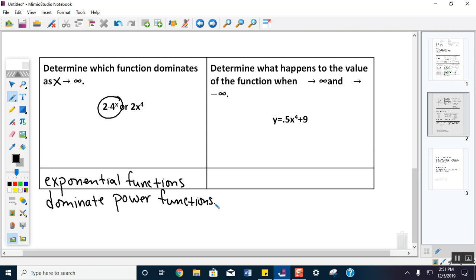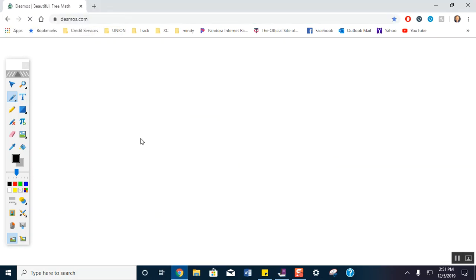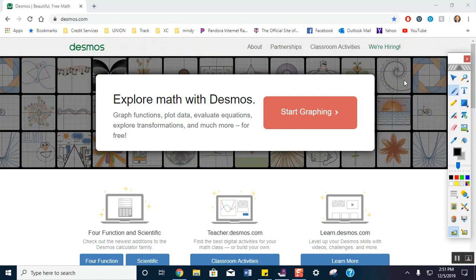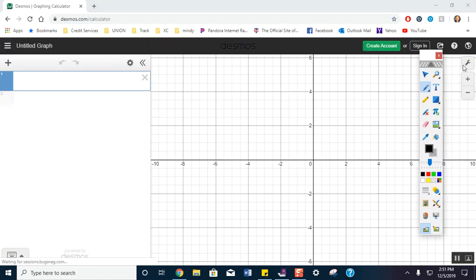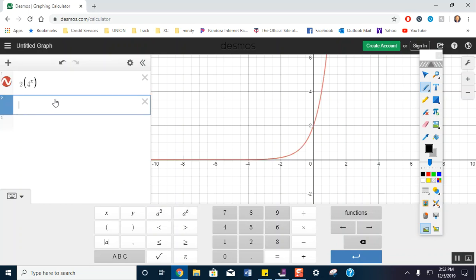Noah, good? Okay. I'm going to jump into Desmos quickly. I don't know what the functions are, so let me pull this up. I think the first one was 2 times 4 to the x, kids? Yes. I need to raise it to a power. There we go. And then what was the other one? 2x to the 4th.